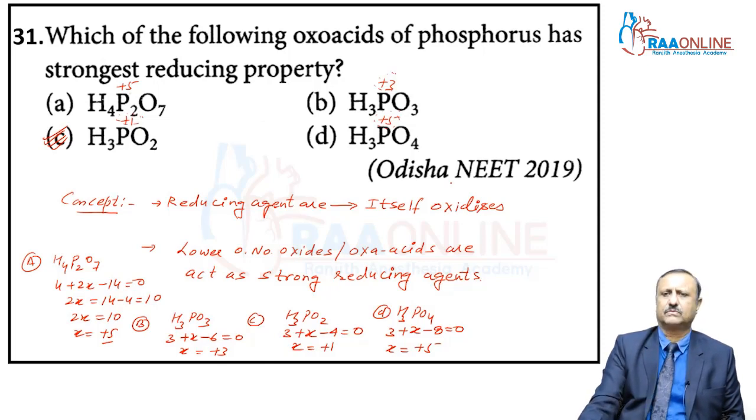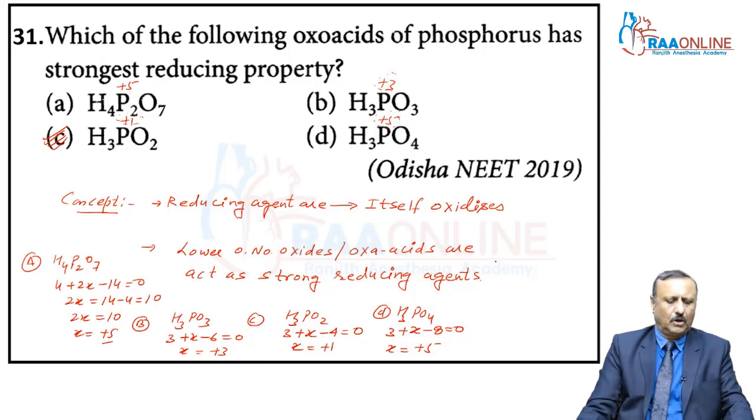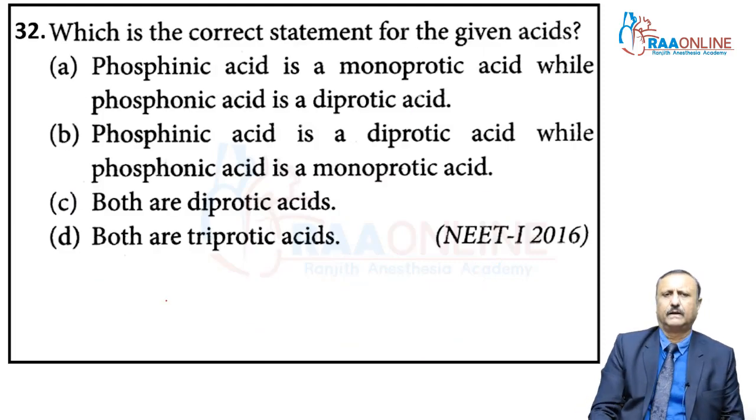This question was also asked in the NEET 2019 Odisha exam. Now my dear students, we can go to question number 32. Here we see which is the correct statement for the given acids, phosphinic acid and phosphonic acid. Now my dear students, the concept is this.